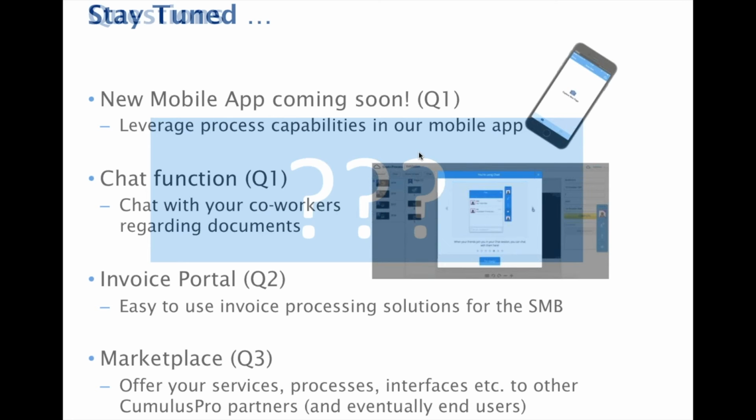And then in Q3, or in any case, sometime later in the year, we do plan to launch a marketplace, which means that's a place where you as a partner can offer your services, maybe your processes, your interfaces, etc., to other partners and eventually to end users as well.